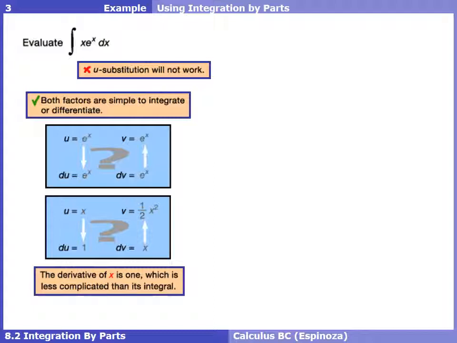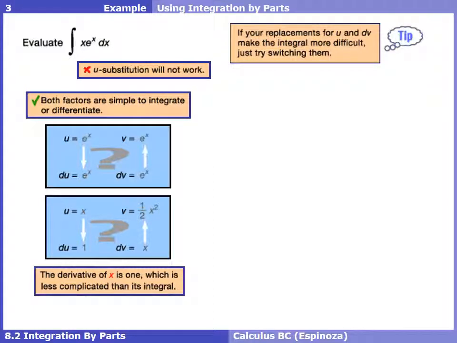The key to these problems, once you have this dilemma, is which one's going to give you a simpler or less complicated result. And of course, when we integrate x, we get 1/2 x squared, which is a higher power, and that's more complicated. But if we let u be x, the derivative is just 1, and that works out a lot easier.